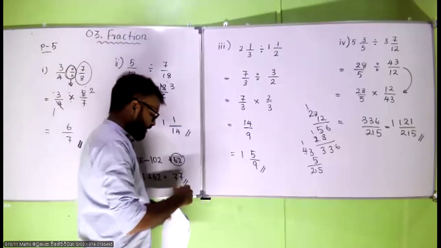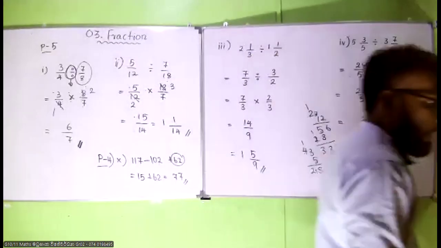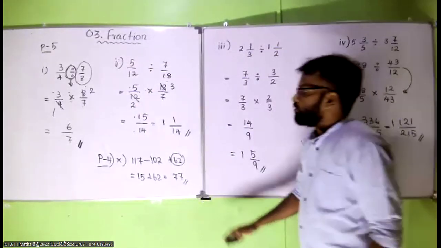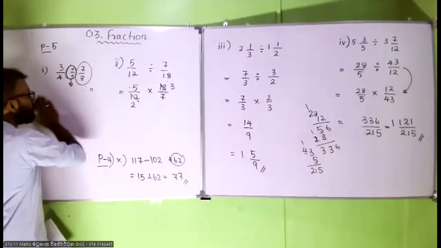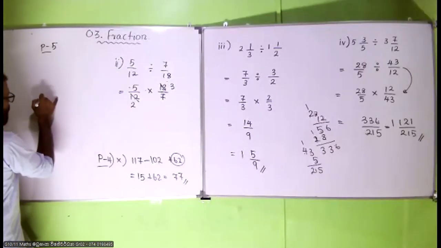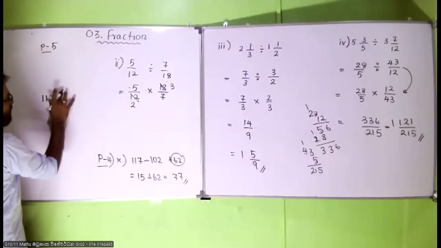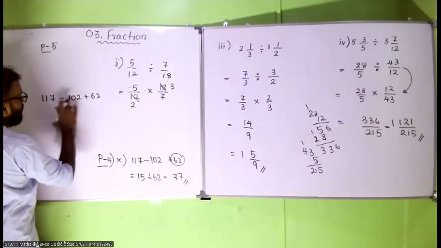So if I do it in another way, sorry, I will do the addition first. Addition is 117. We have negative 102 plus 62.